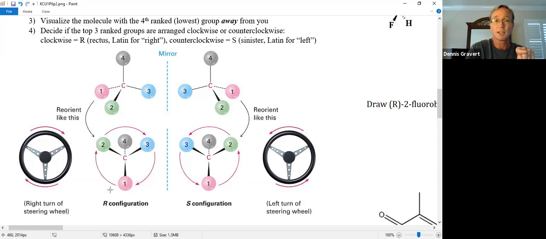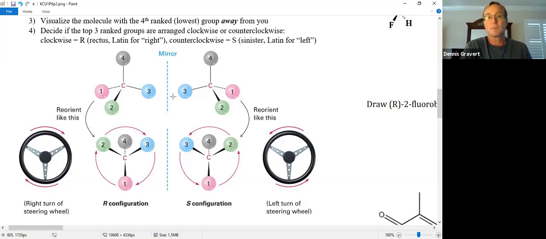If you go around the molecule in the 1, 2, 3 fashion, that would be like turning your steering wheel clockwise. And which way is your car going to turn if you turn the steering wheel clockwise? It turns to the right. Yes, so that's how it's going to work. And then R stands for right. Technically, it's the Latin word rectus for right.